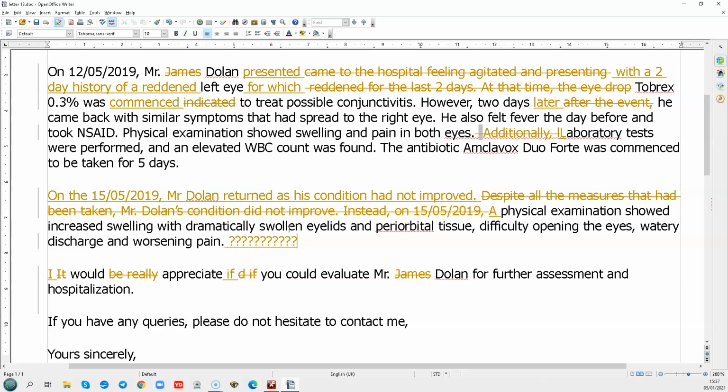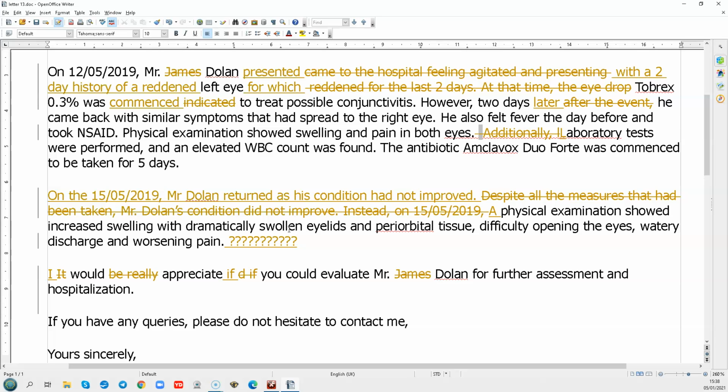Did you not do anything? So the patient came, you took a look, things were worse. Did you do anything? So I would expect something there. But again, I don't have the case notes, so I can't really comment.